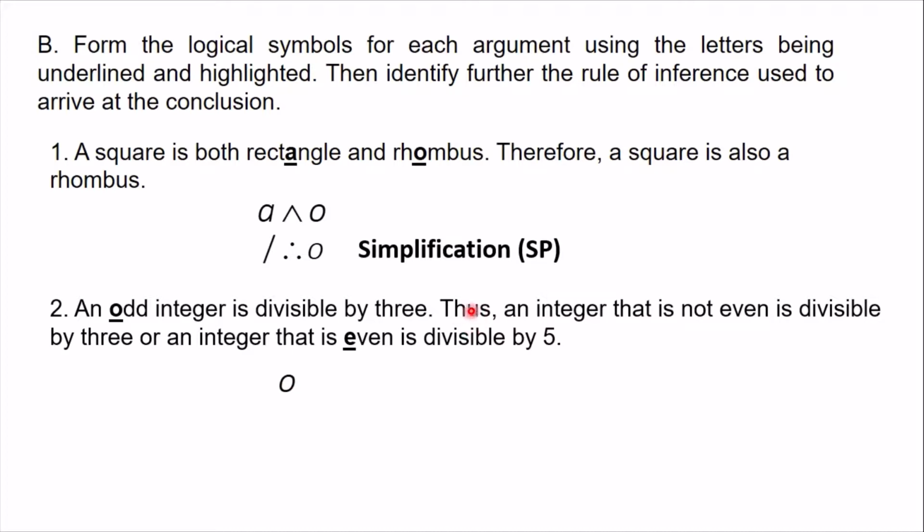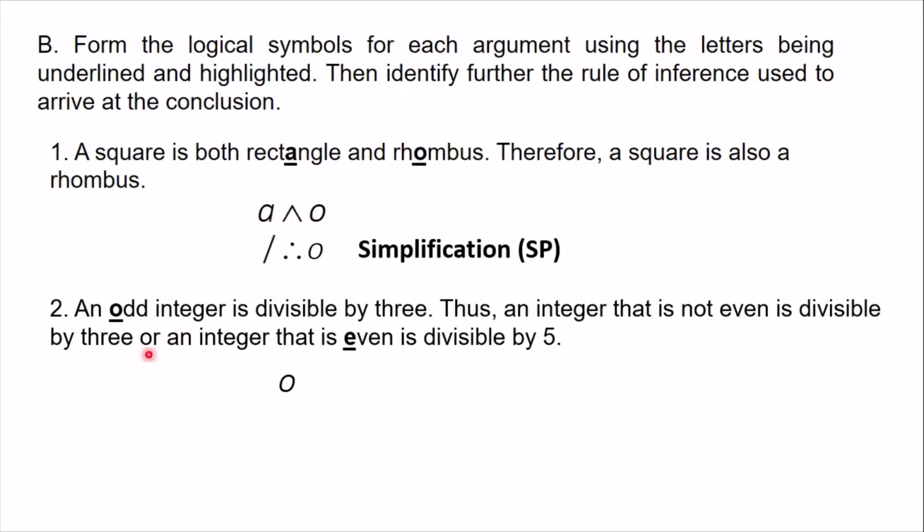Our "thus", as you said earlier, that's already the conclusion. But let's look at it. An integer that is not even, or odd, is divisible by 3. So this will be our O. Since we have an "or", we're going to use the symbol for disjunction.